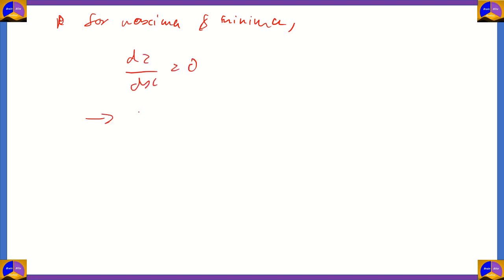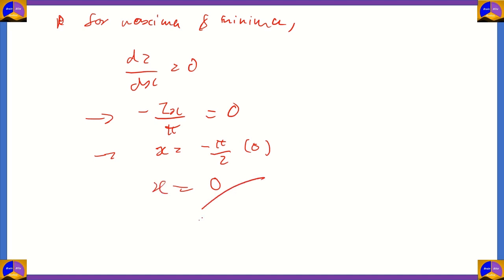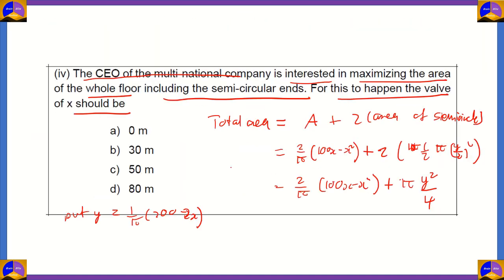That means minus 2x by pi is equal to 0. x is equal to minus pi by 2 times 0. So the value of x is equal to 0. For the maximization to happen, the value of x has to be equal to 0 meters.